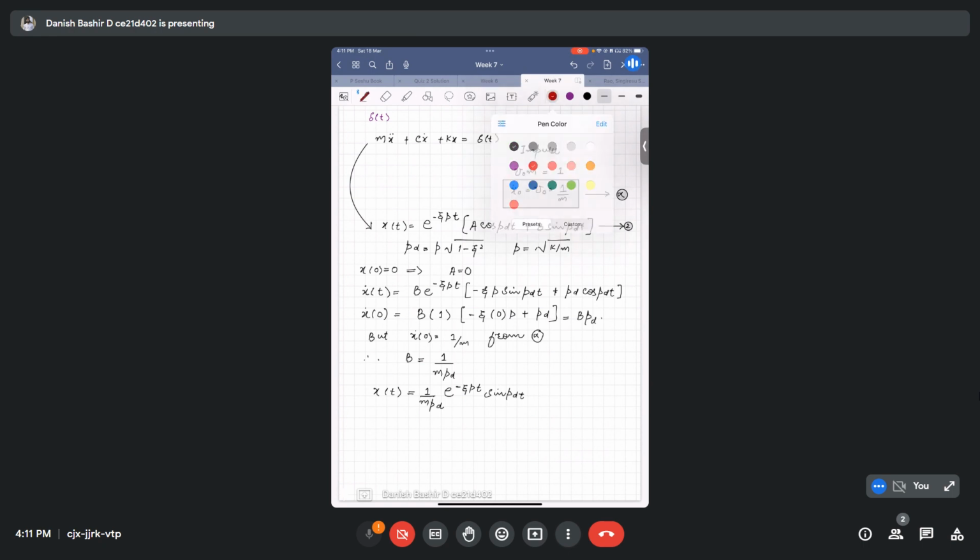So this will be the response to an impulse function using the Dirac delta function, the impulse response function. Okay, so this is the impulse response function where we are having a pulse which was having a unit area, only area of 1. Okay, so now we are having a general forcing function like this.